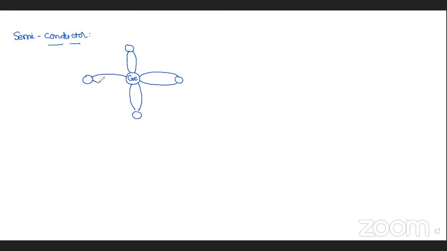And the 4 valence electrons form bonds with the neighboring germanium atoms, the same family. These are the covalent bonds formed by one germanium atom. Again, the other germanium atoms also form covalent bonds with other germanium atoms like this. I'm not drawing the total crystalline structure, just one germanium placed at the center.